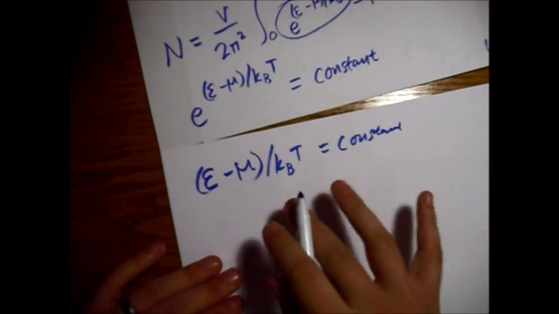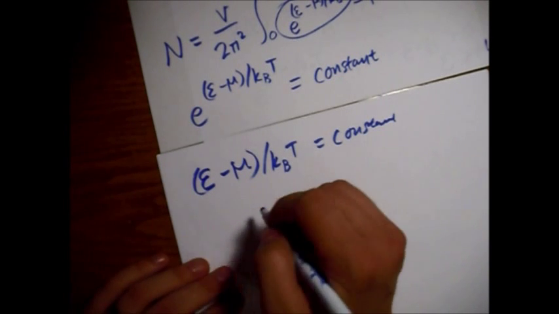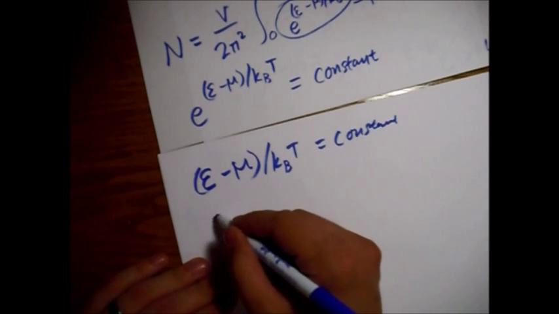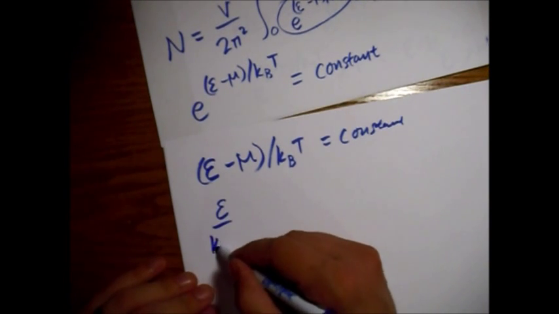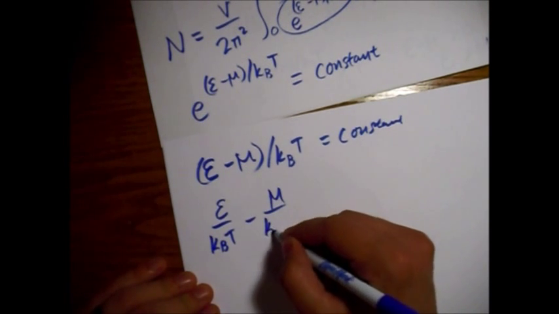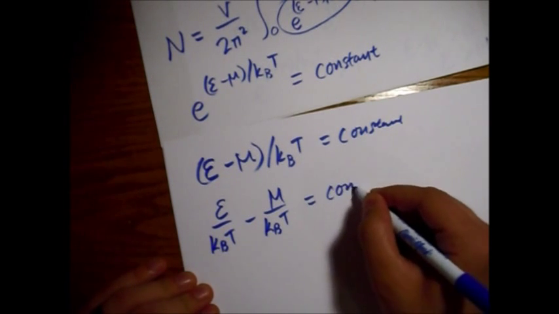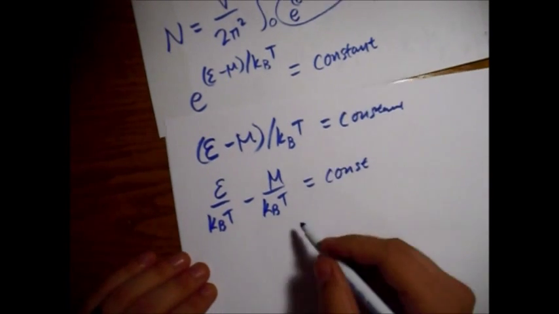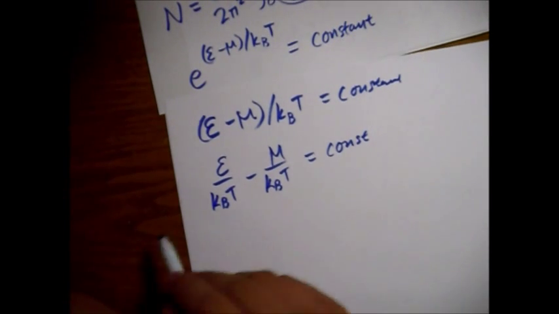So what we have is epsilon over kBT minus mu over kBT equals a constant. Probably beating this to death.